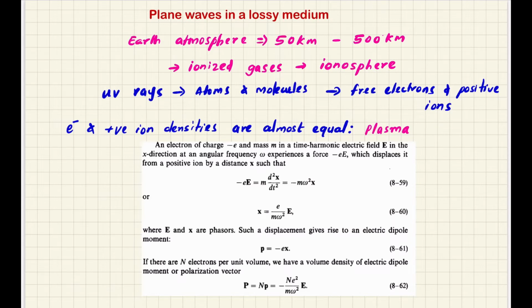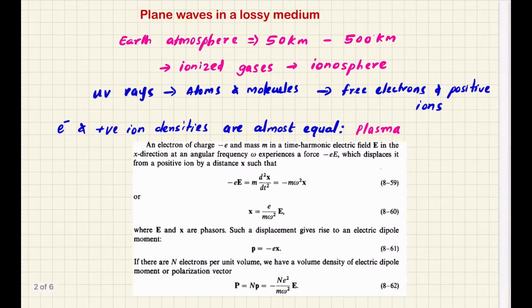Okay, that electron density times the dipole moment for an individual dipole will give you the polarization. So you can substitute x here from this expression and simplify it to obtain this expression of polarization. Okay, here also the polarization is in the phasor notation.